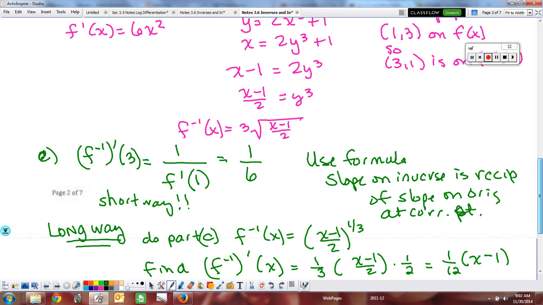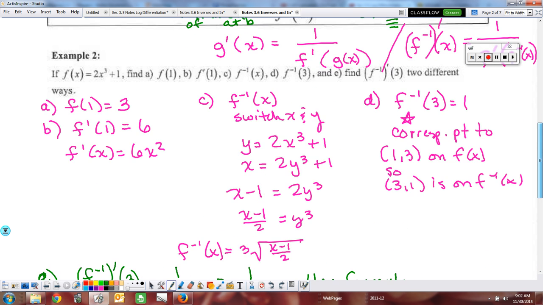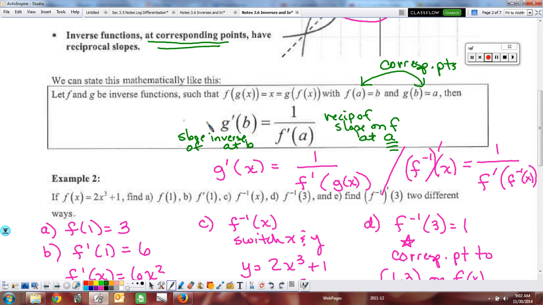Now, let's come back up here and talk about the steps to this. When you are using this formula, the slope on an inverse at B can be found by doing the reciprocal of the slope on the original at the corresponding point A. So step 1 of this method is to find the corresponding point.